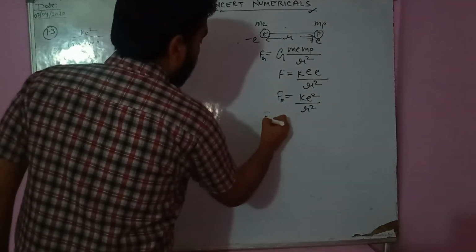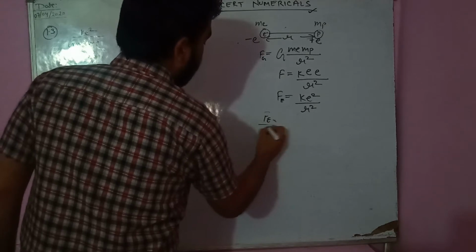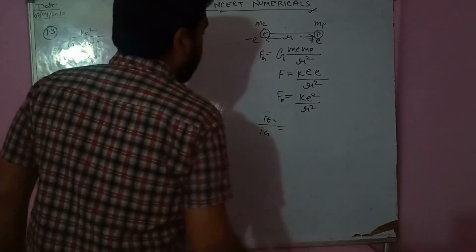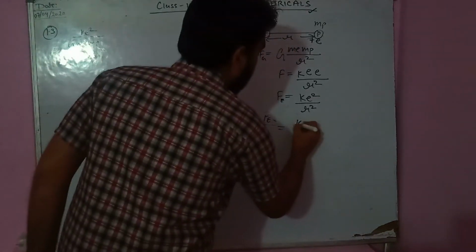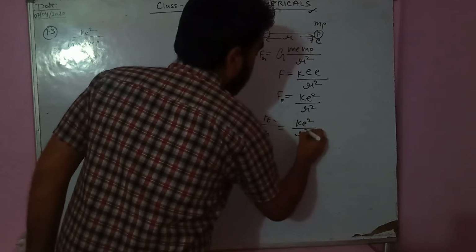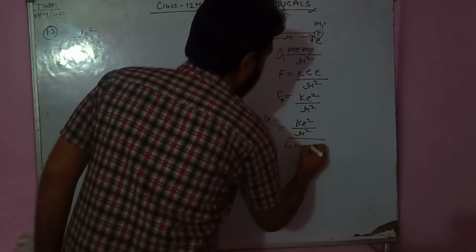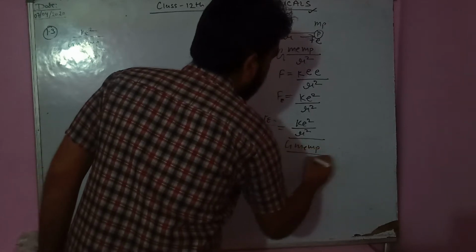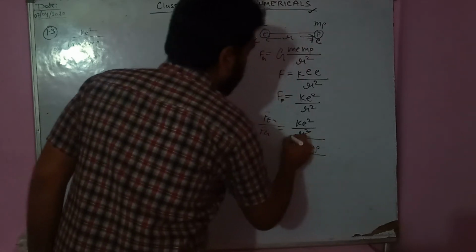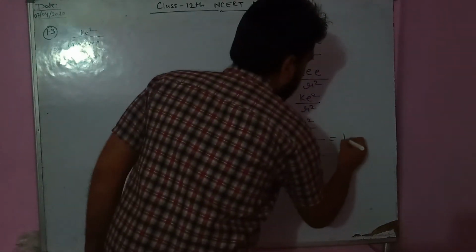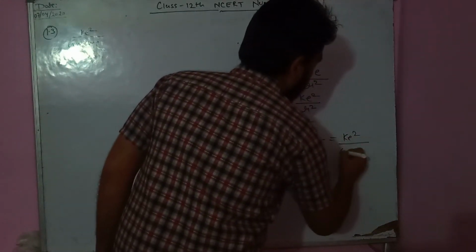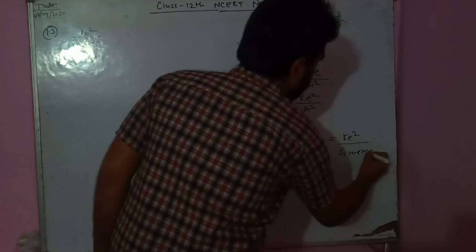Fe divided by Fg is equal to k e square upon r square divided by G Me Mp divided by r square. R square gets cancelled out. You are getting k e square upon G Me Mp.